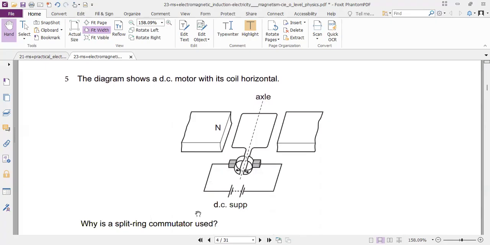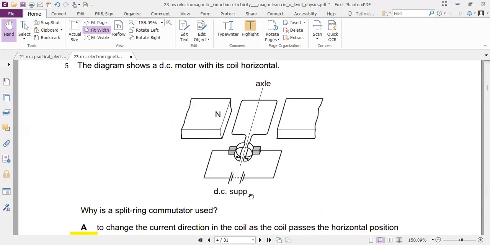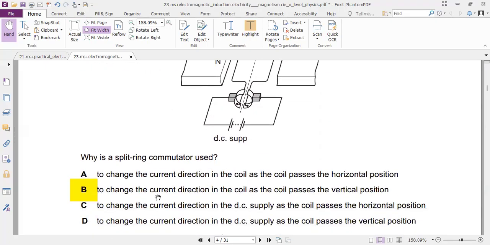So why do we use a split ring commutator? Well, it changes the direction of the current in the coil as the coil passes the vertical position, and that is this gap here. That makes it a split, and it's a copper ring.